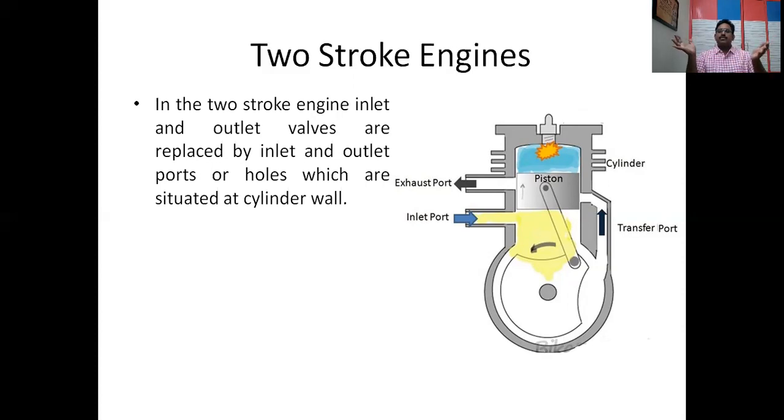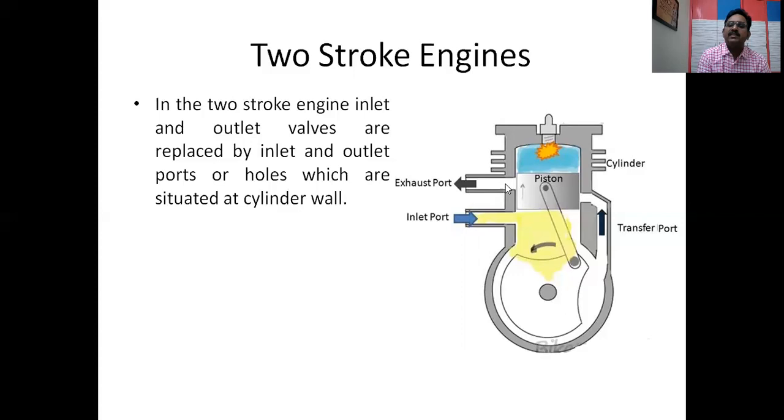Apart from the number of strokes, the construction also is different from the 4-stroke engine. In the 4-stroke engine, we have inlet and outlet valves. Here we don't have any valves and cam mechanism. We have only ports. Ports are nothing but holes. And the opening and closing of ports will be done by the piston itself.